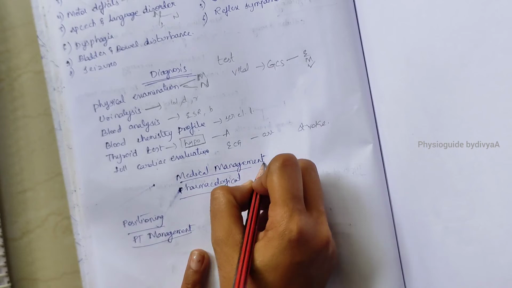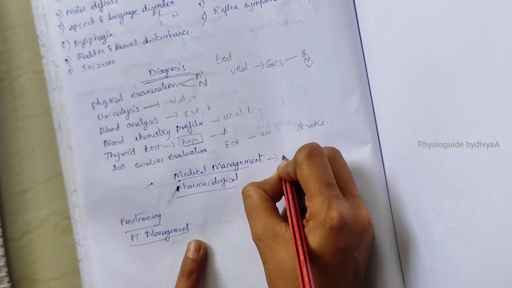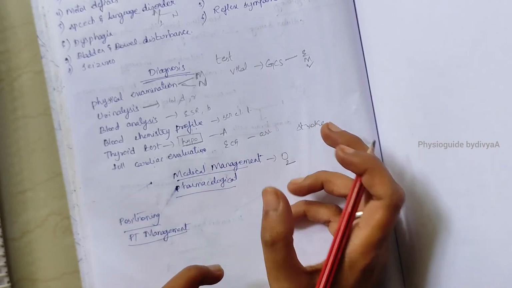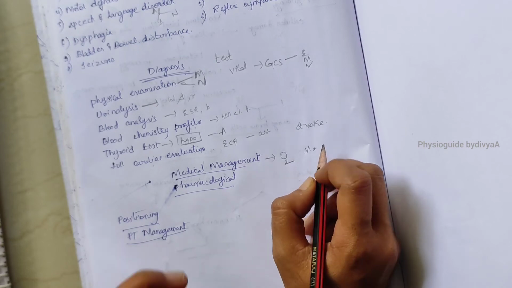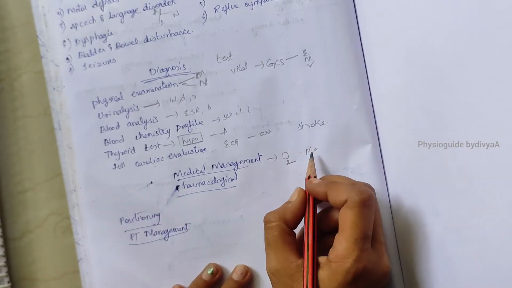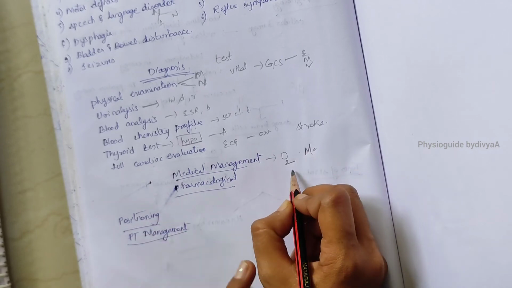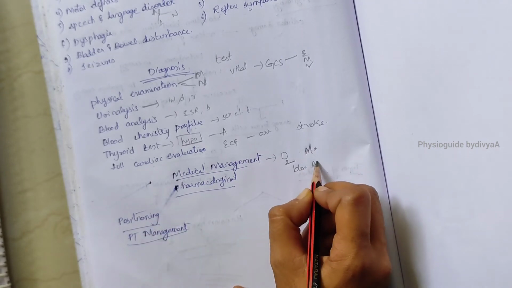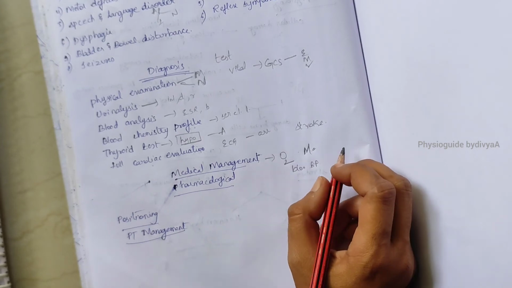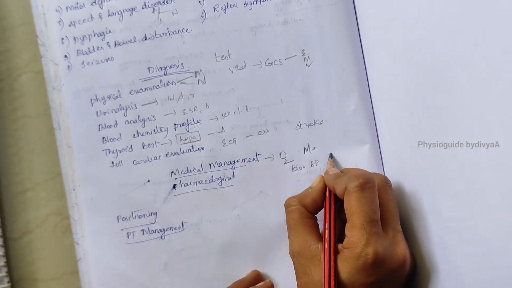Now we'll see medical treatment. If there is a lack of oxygen, we need to apply a mask and nasal cannula to establish oxygen. Next, maintain adequate blood pressure, whether hypotension or hypertension, high or low.